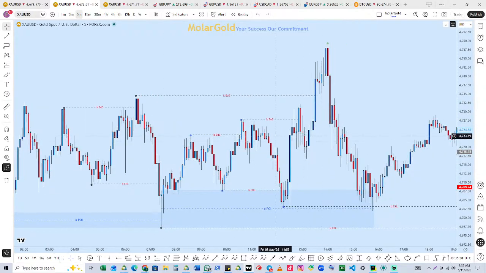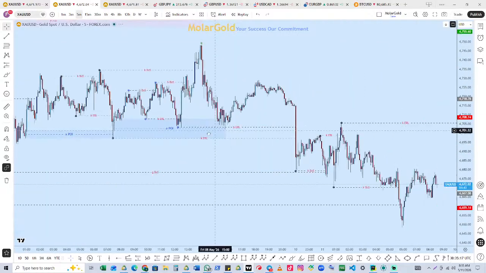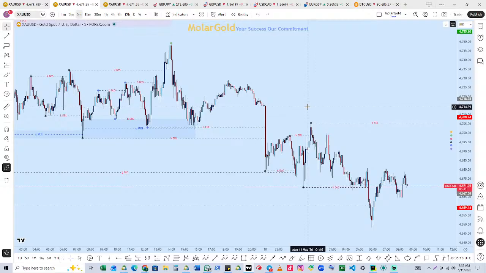So this is basically it. Every swing you see on the chart has these two things: the bull territory and the bear territory. So just by knowing bull and bear territory, you have figured out where to trade and where not to trade.